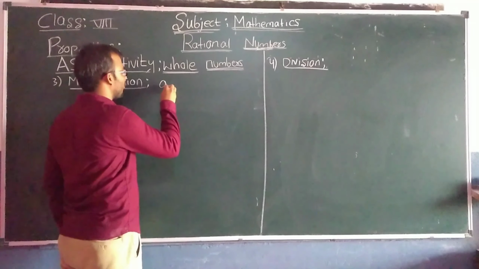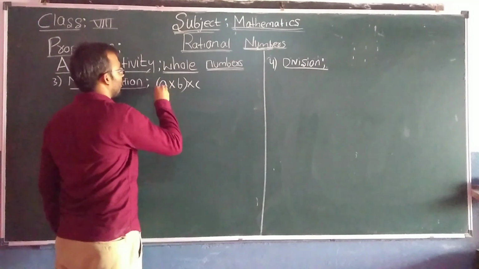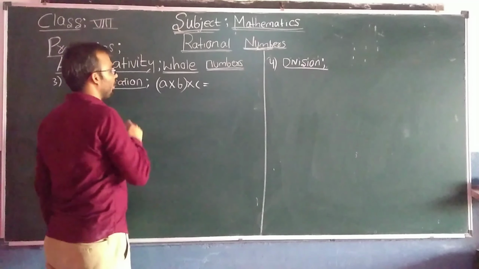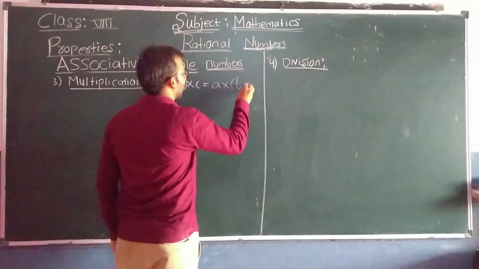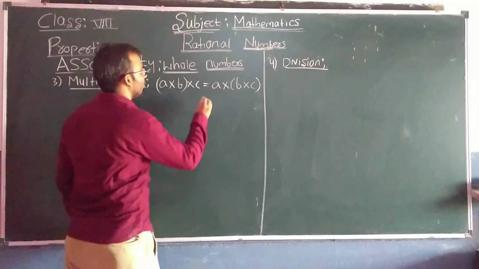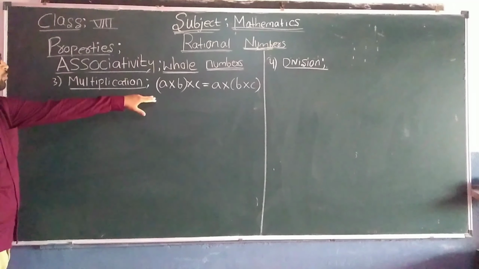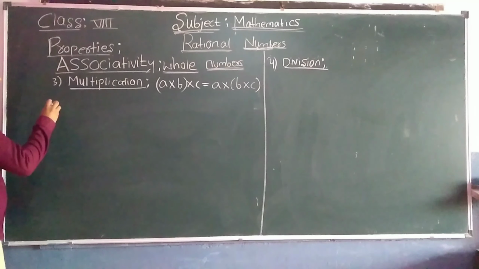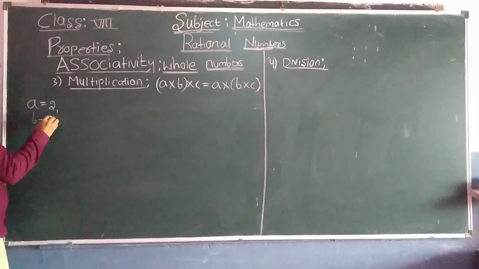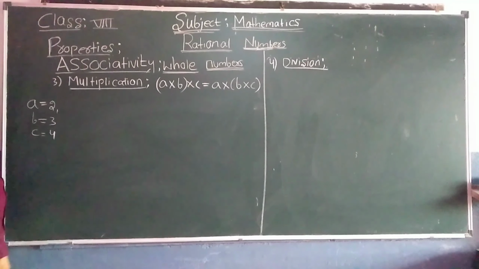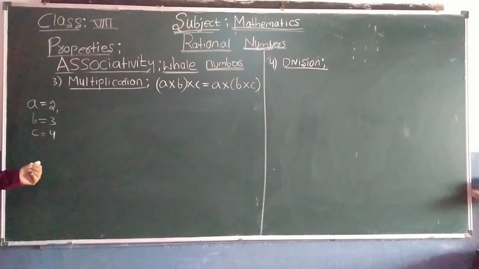This is the general form of the associative property of multiplication: A into B into C equals A into B into C. Let A equal 2, B equal 3, C equal 4.